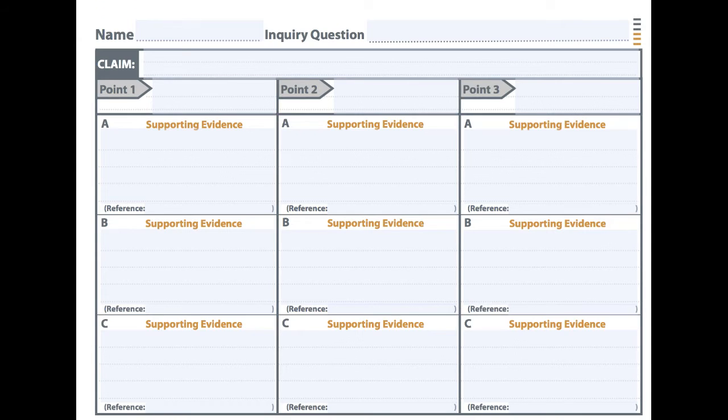That would simply be quotations, and then you would reference it at the bottom with the lines that it's been in. I find this model very useful because it easily shows a way to divide up your evidence and helps guide the process of coming up with a claim too.